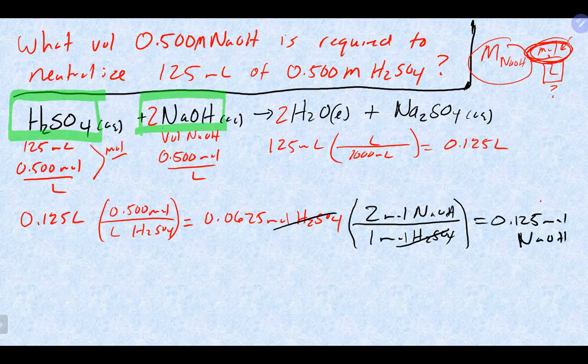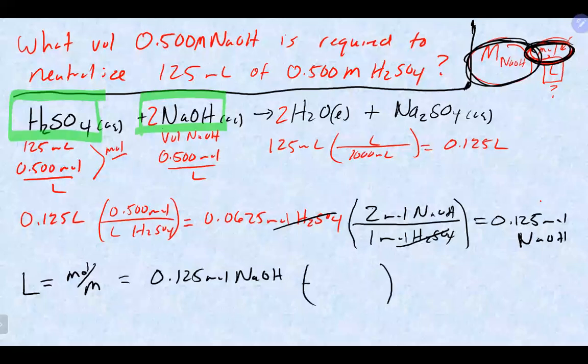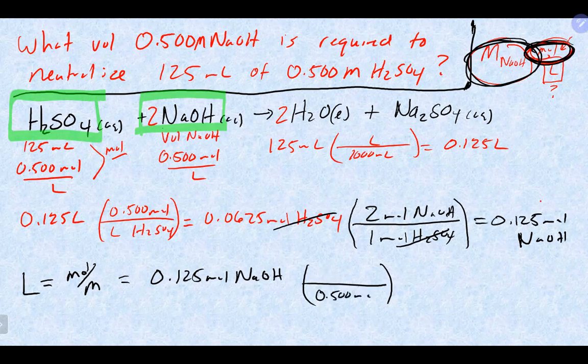At this point, we now have the moles from the stoichiometry. We have the molarity that was originally given to us. So we could solve for the liters, which would be moles divided by the molarity. Using dimensional analysis here, 0.125 moles of sodium hydroxide, we're going to divide by the molarity, which would be 0.5 moles per liter of sodium hydroxide.